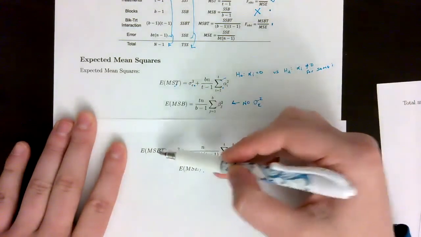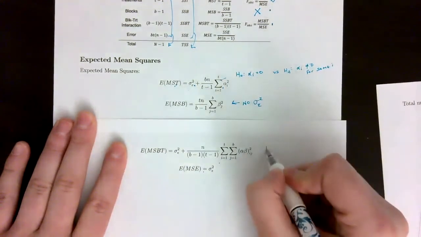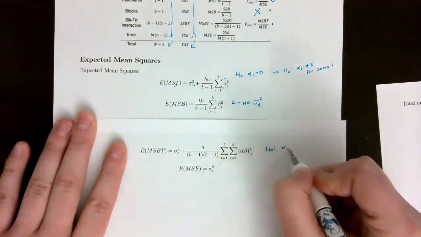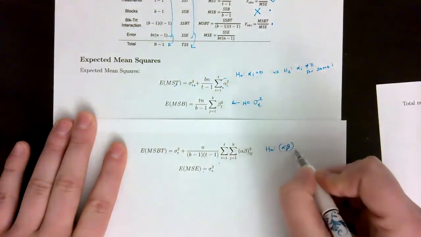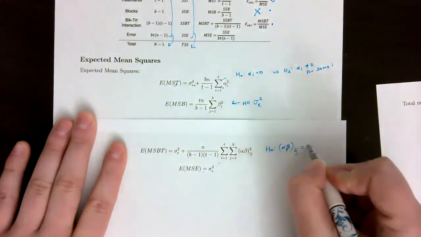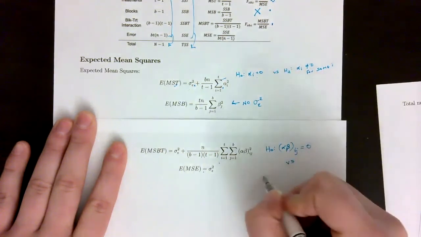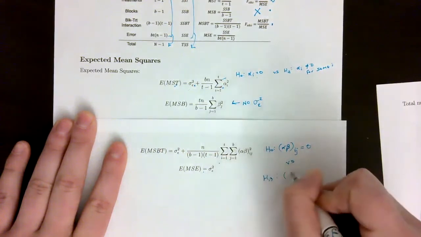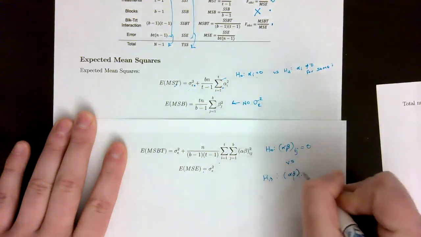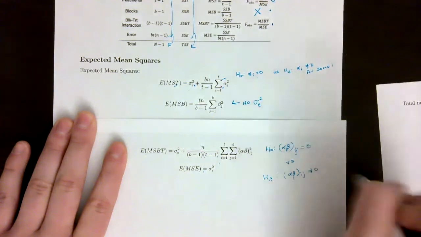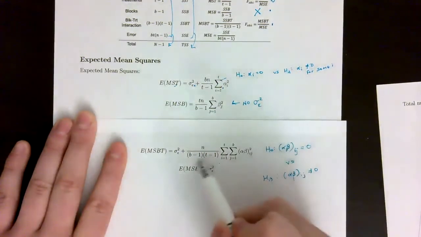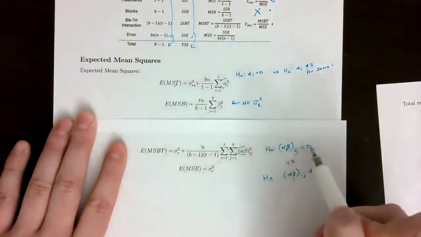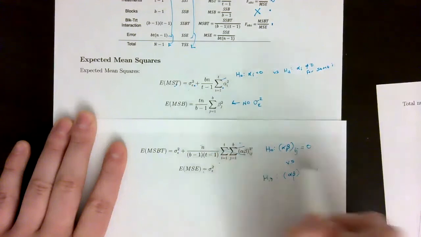Now, when we look at our block treatment, our null is that alpha beta ij is going to be equal to 0 versus our alternative, alpha beta ij not equal to 0 for some ij. Now, under the null, this would go to 0 because that's pretty much saying this is 0.